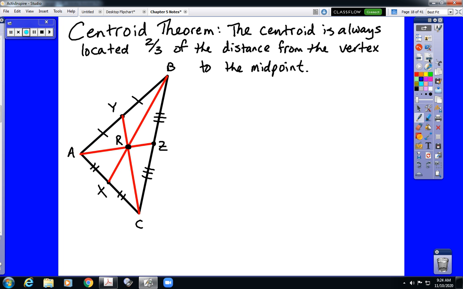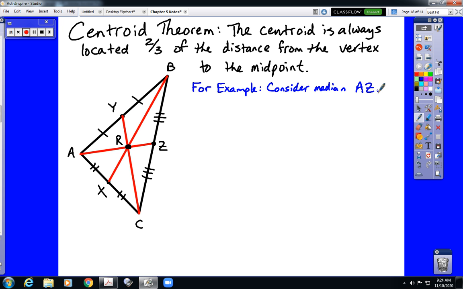So, the centroid theorem states that the centroid is always located 2/3 of the distance from the vertex to the midpoint. So, for example, we're going to look at median AZ.